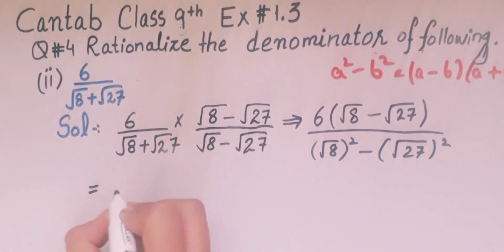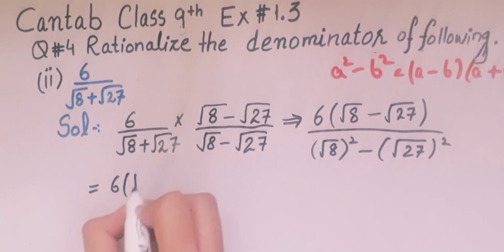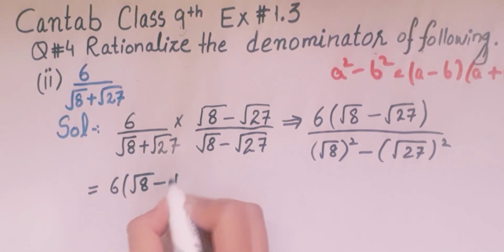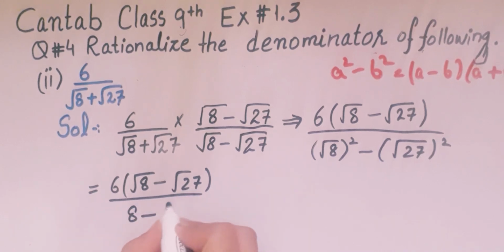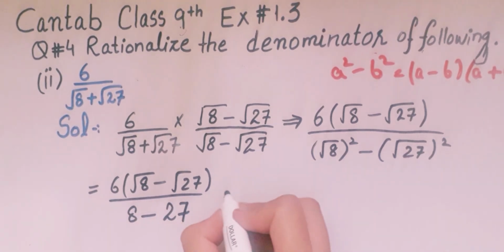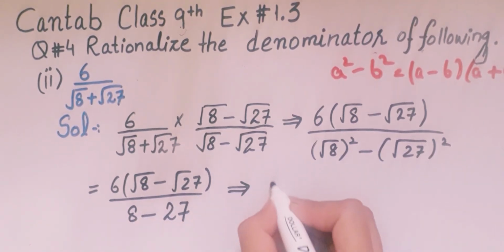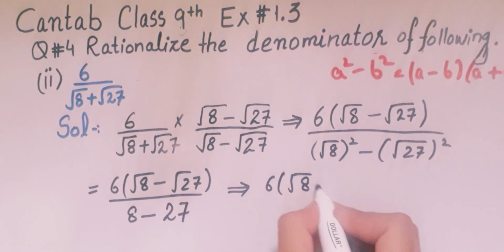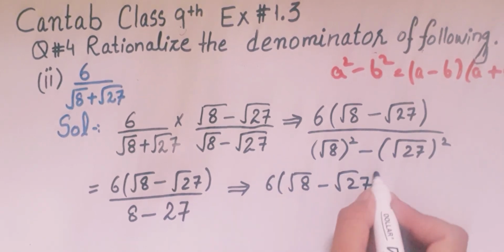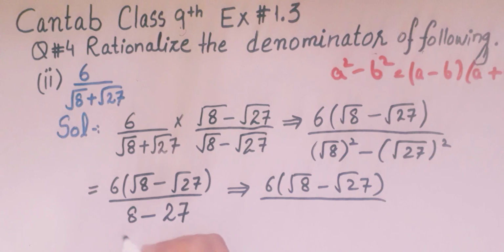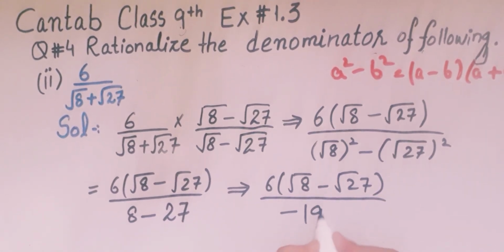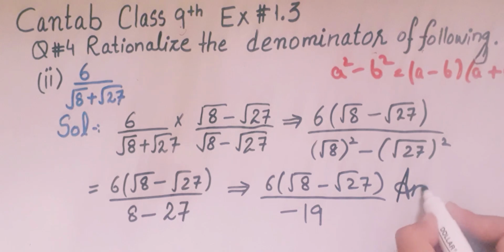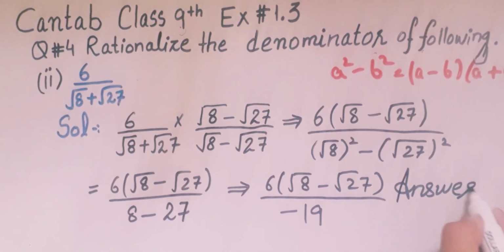Now in the next step, 6 into square root of 8 minus square root of 27 by 8 minus 27. So 6 into square root of 8 minus square root of 27 by minus 27 plus 8, which is equal to minus 19. So this is the answer of this part. I hope you understand this part.